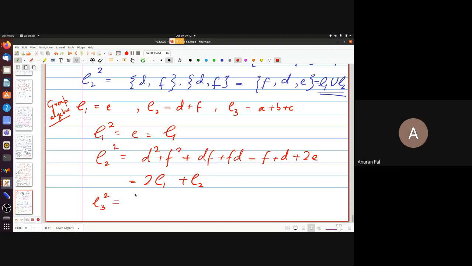It's A plus B plus C whole square. What's the standard formula for that?